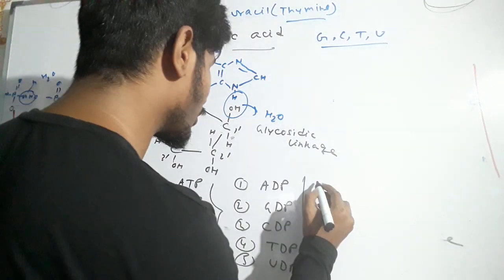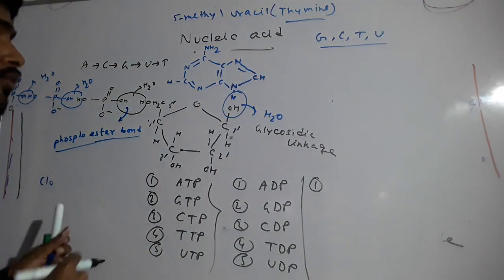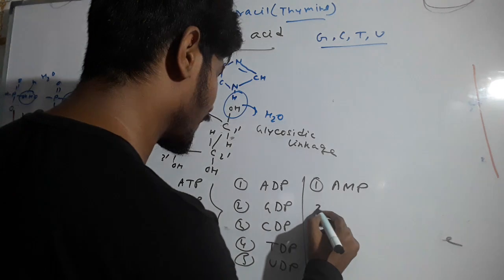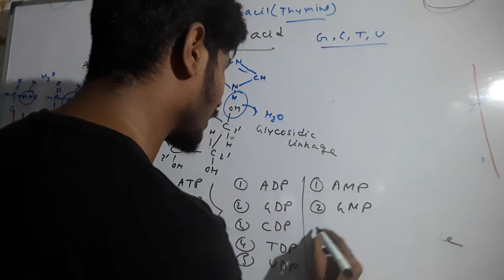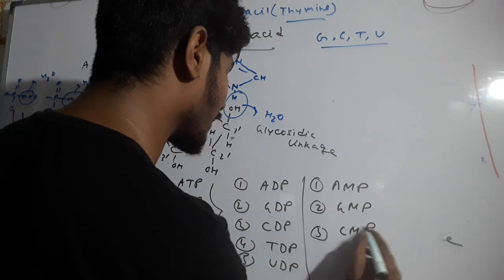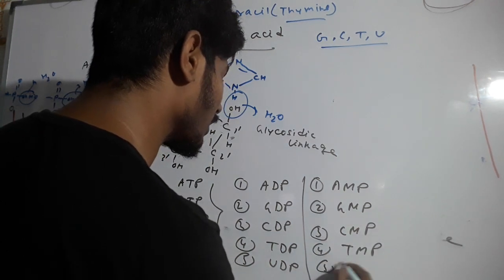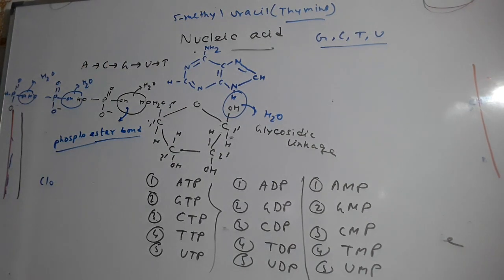There may be monophosphates also: adenosine monophosphate, guanosine monophosphate, cytidine monophosphate, thymidine monophosphate, and uridine monophosphate. So these are the various types of nucleotides present in the cell.